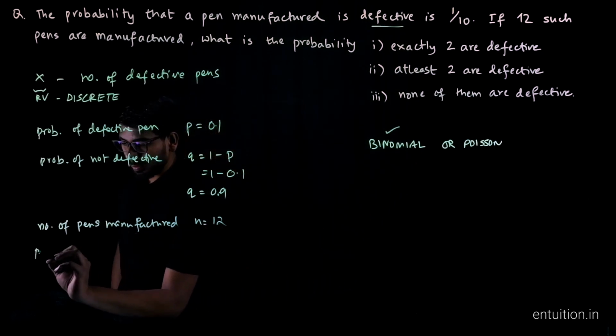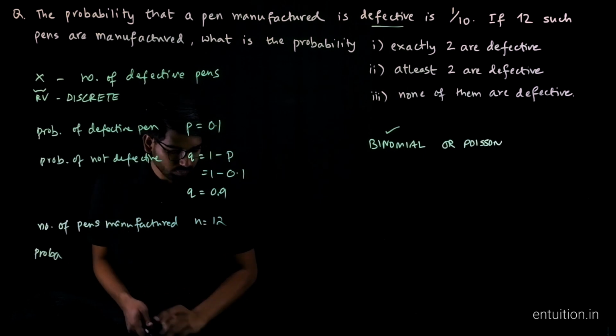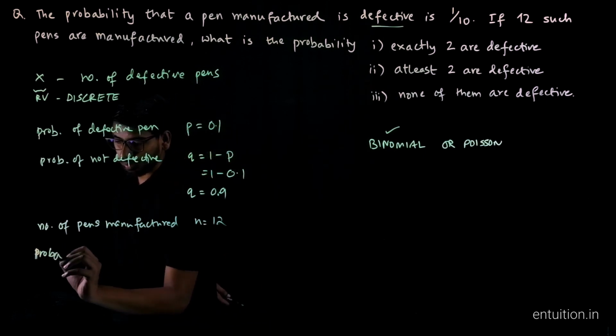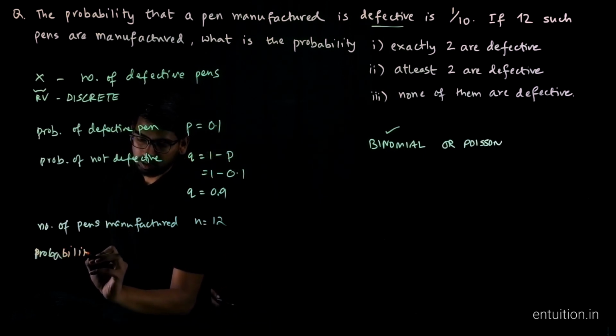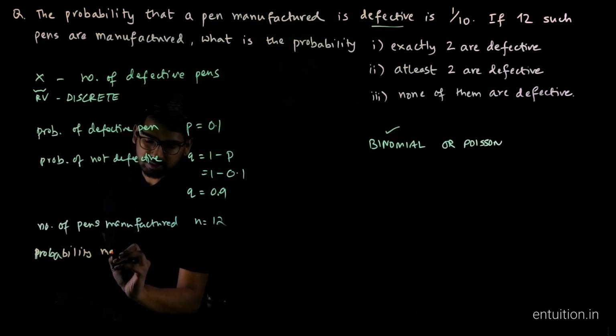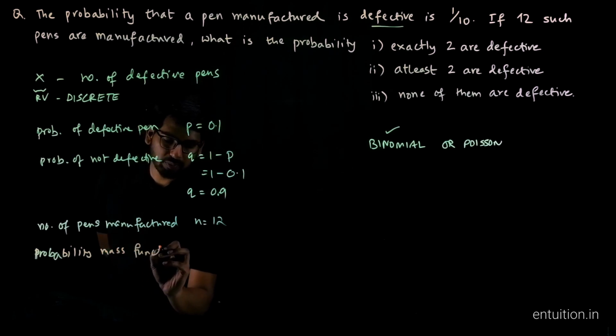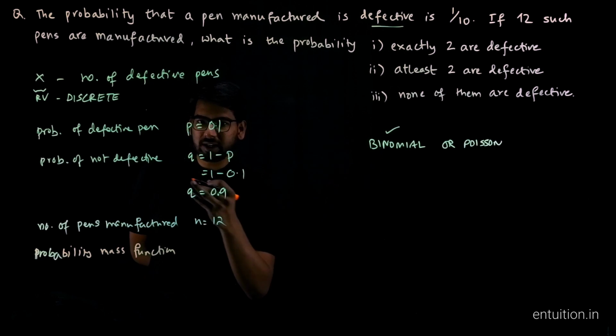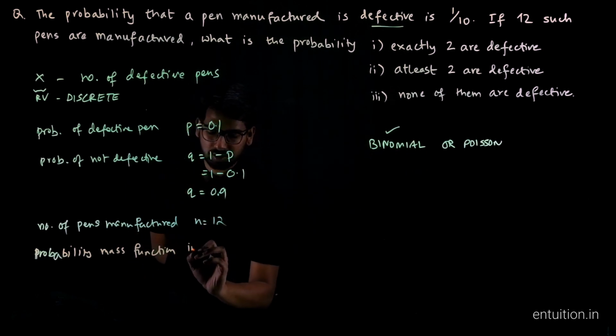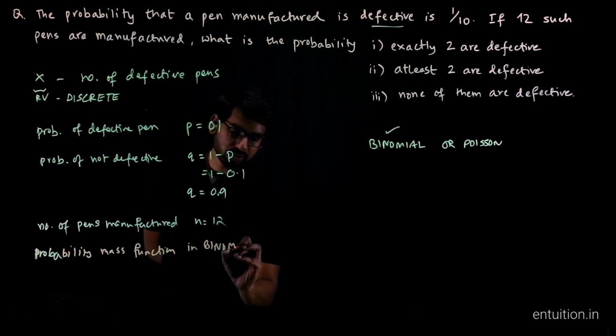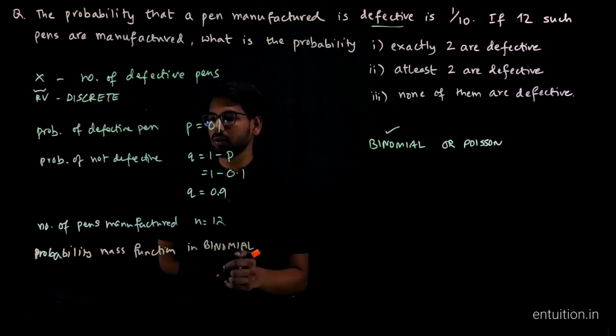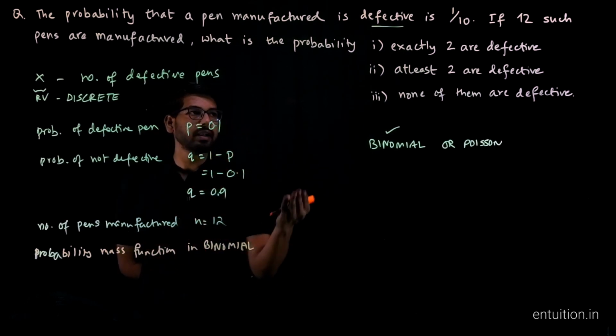So the probability mass function, or probability function, of the random variable x in the binomial distribution is what? After using this information, we need to find the probability of these things.